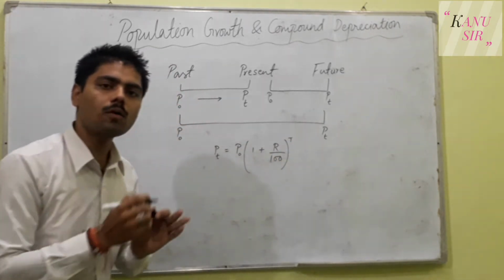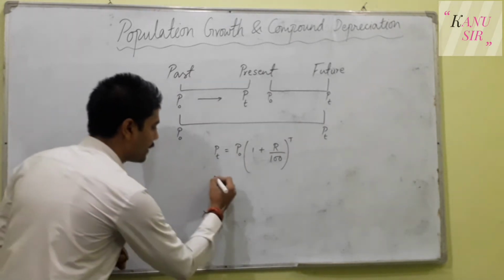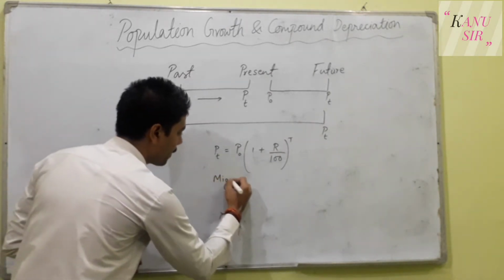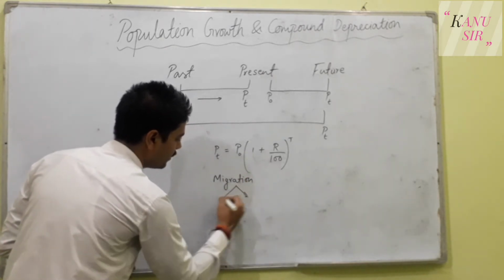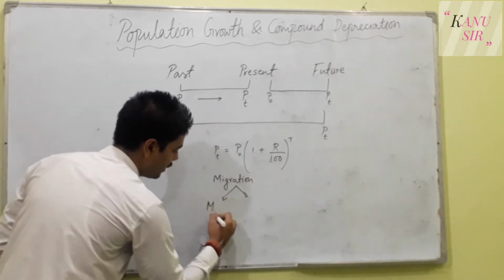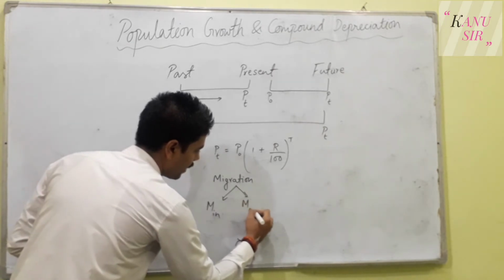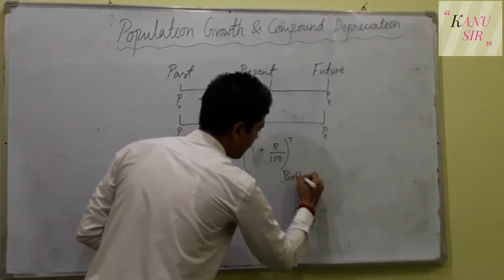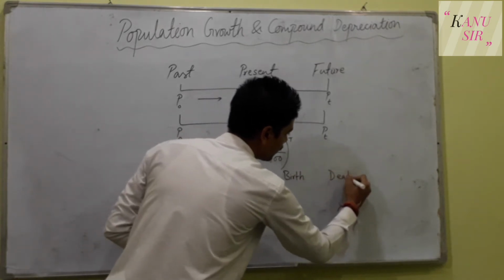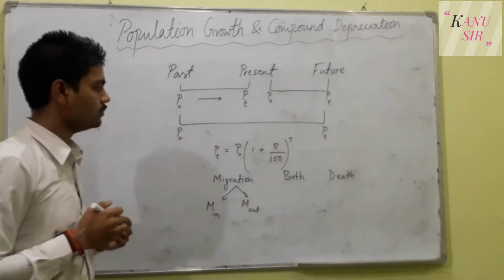Here are some terms that need to be understood, like migration. There are two types of migration: migration in and migration out, and also birth and death.